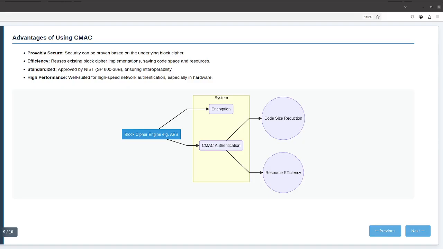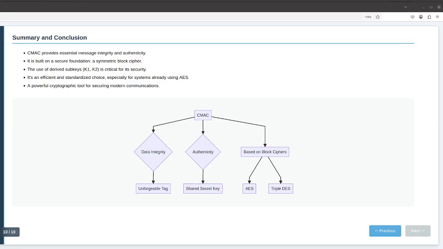It is also standardized by organizations like NIST, which means it has been thoroughly vetted by cryptographers and is considered a reliable and interoperable choice for building secure systems. Finally, its performance is excellent, especially when implemented in hardware, making it suitable for high-speed networking applications where data integrity is paramount.